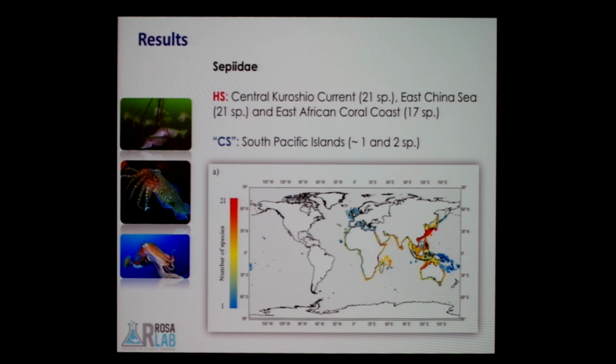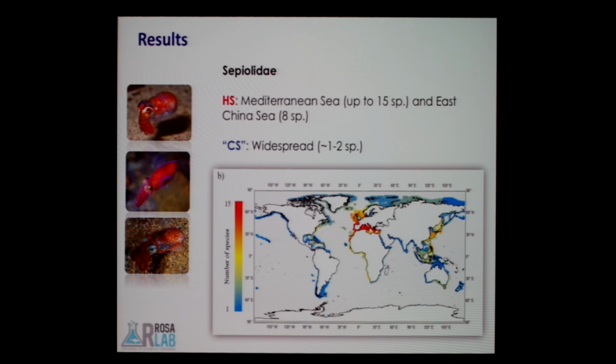So let's talk about the next group. Xavier, yes, of course, the Mediterranean is the most diverse with more endemics, and up to 15 species. Is it correct?